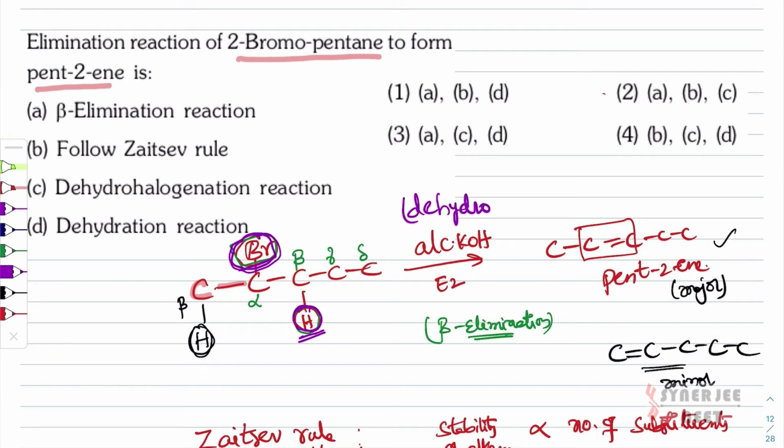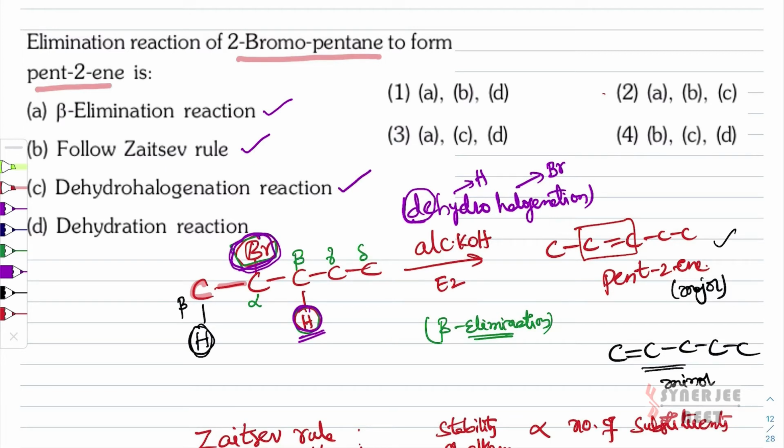Now if you look at the options, first one is beta elimination given. So this is right only. And follow Zaitsev rule. Yes, it is following Zaitsev rule. And dehydrohalogenation. So this is also correct.